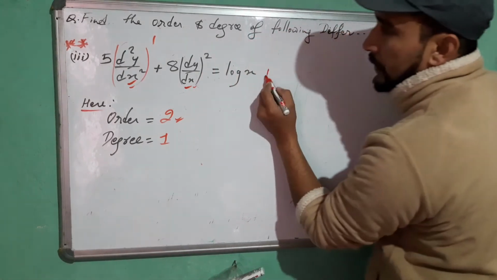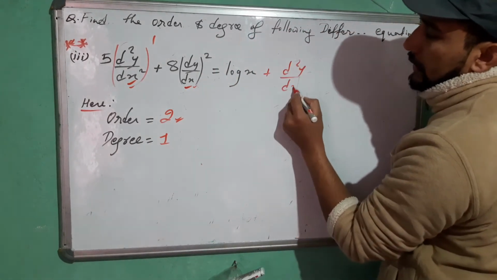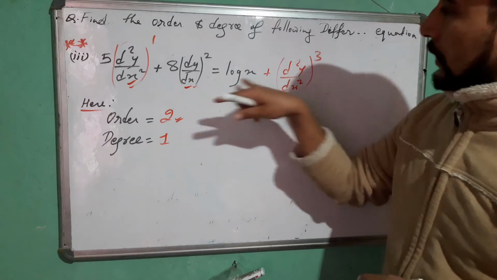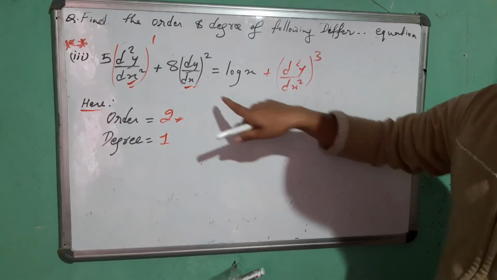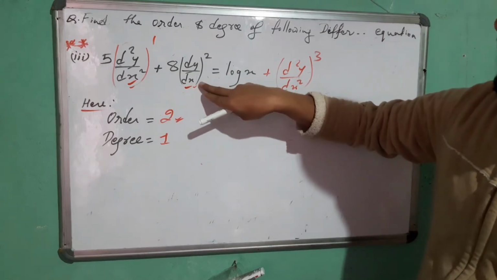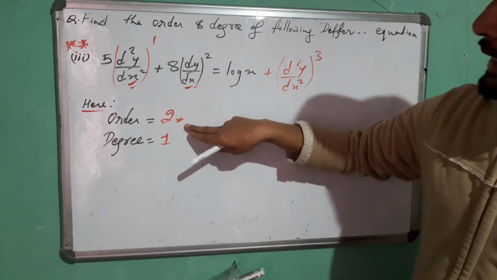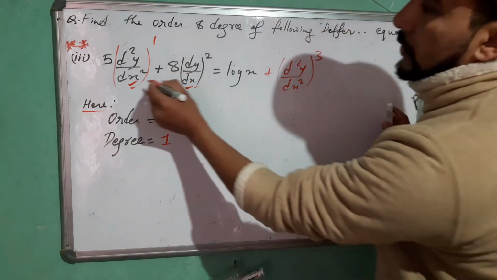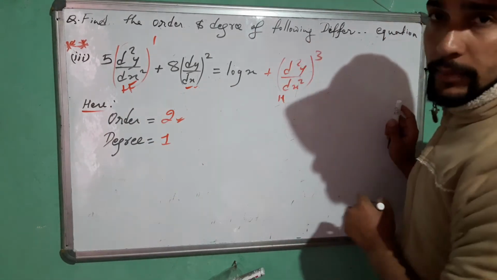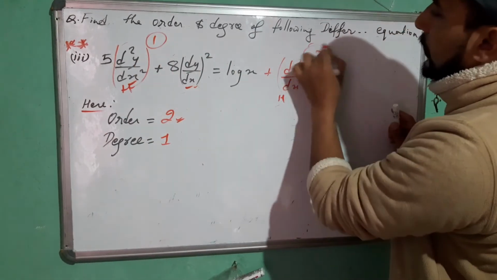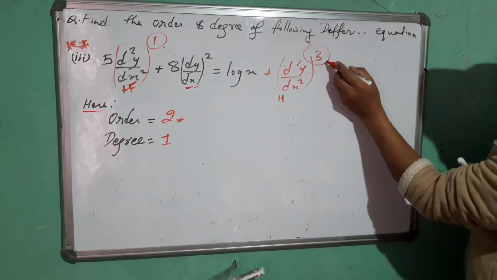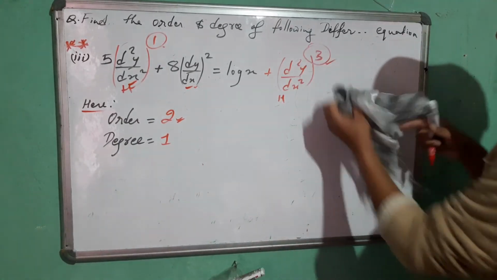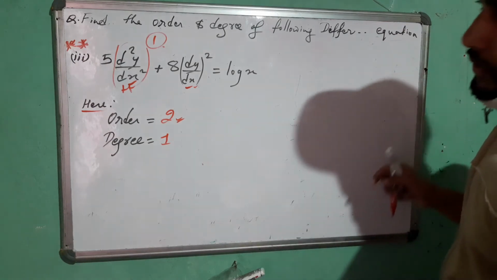Suppose in this expression if you have d2y dx square whole cube, something like this, if this is also there, then see order will be 2 only, first order and second order, highest order is 2. Okay, and degree will be the highest power of highest order derivative. So highest order derivative is, this is highest and this is also the highest order derivative, and you have to see the power which is highest power, this or this. So degree will be 3 if this is present. Okay, but in your question this part is not there, so degree will be 1.